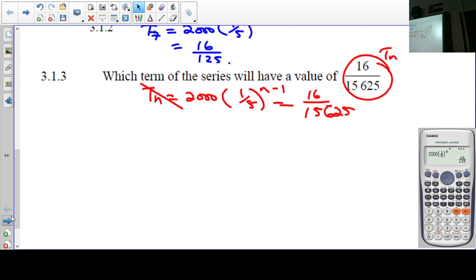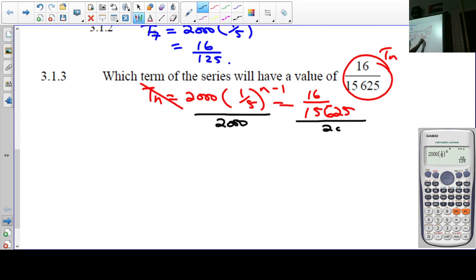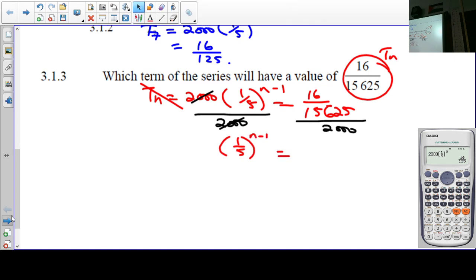So I divide by 2000 on both sides. That cancels. So that's going to be 1 over 5 raised to the exponent n minus 1 equals, so we put on the calculator 16 over 15,625, which must be divided by 2000.